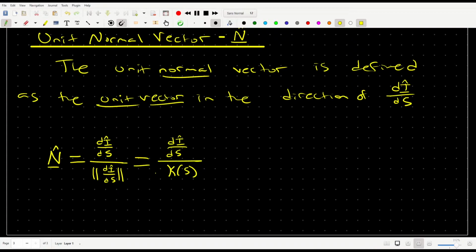Which is the same thing as saying that the rate of change of the unit tangent vector with respect to arc length is going to be the curvature function, which is just the magnitude of this vector, times this new unit vector n hat.